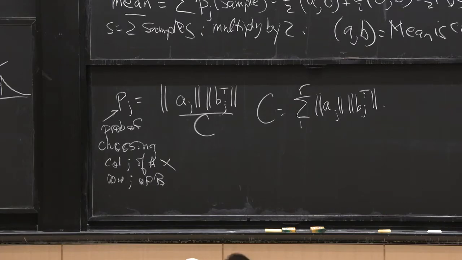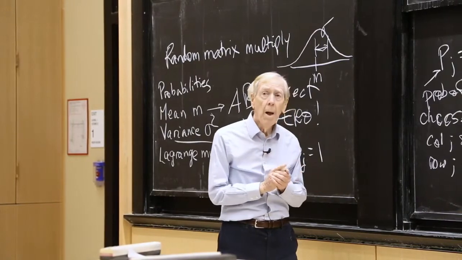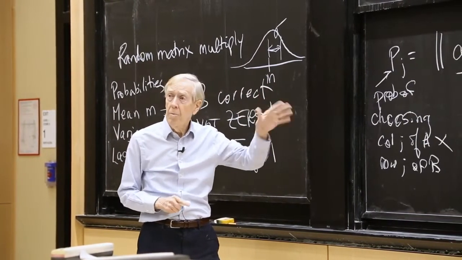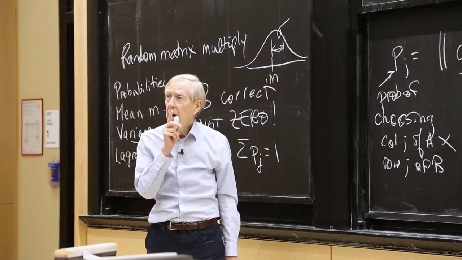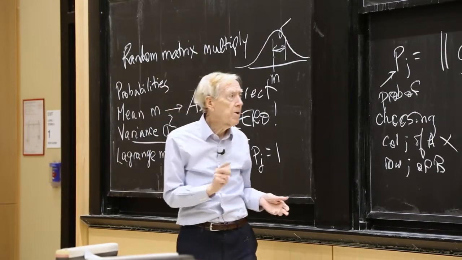I'm ready to choose. Here's my rule. I will choose column row J with this probability. But then I'm going to multiply it, and I'm free to do that if I want to.